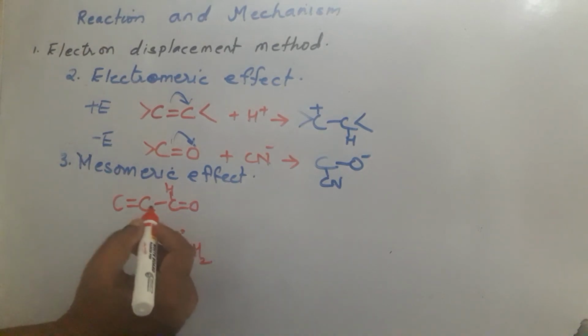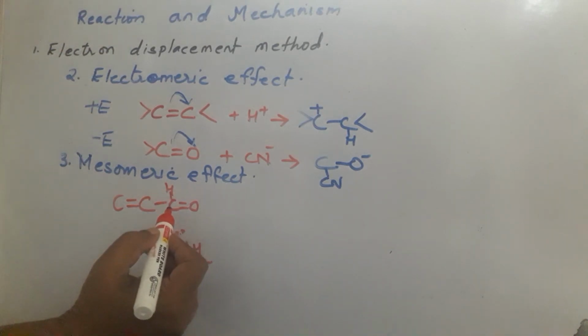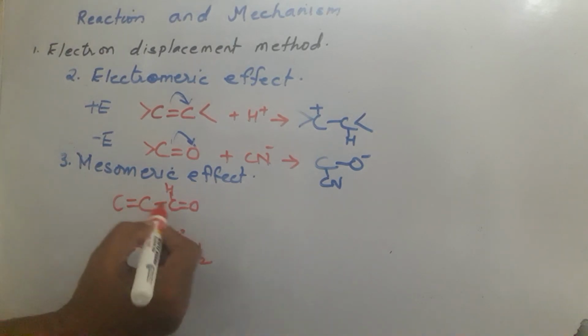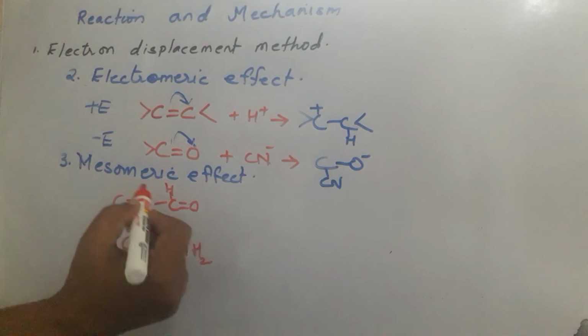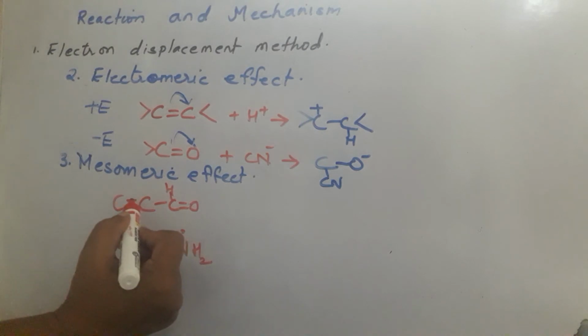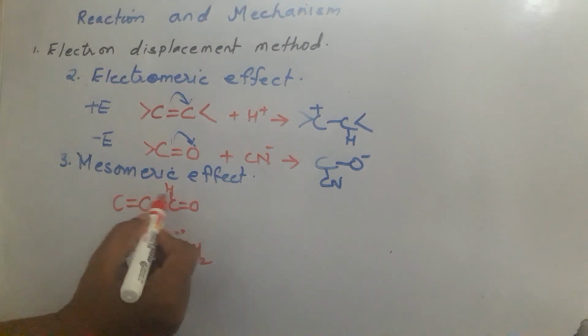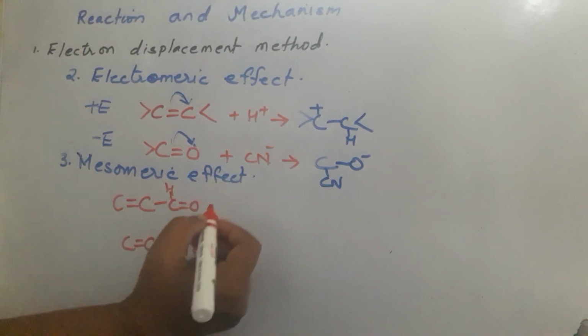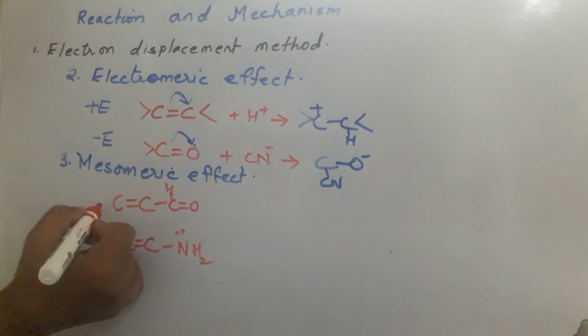In both cases there will be interaction resulting in the mesomeric effect, or there will be shifting of the pi electron taking place. It is similar to resonance. Like resonance, in the mesomeric effect we can also see oscillation of the pi electron due to the interaction. So now in this case let us see what is happening.